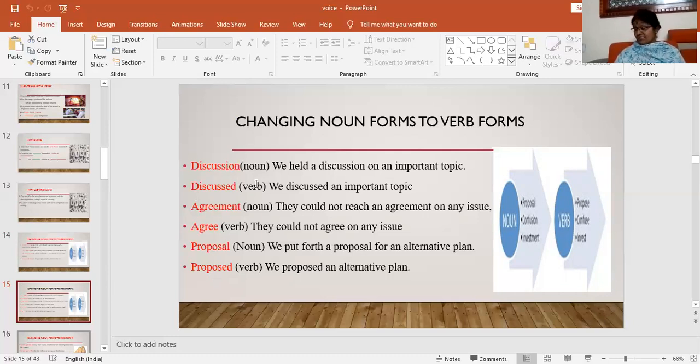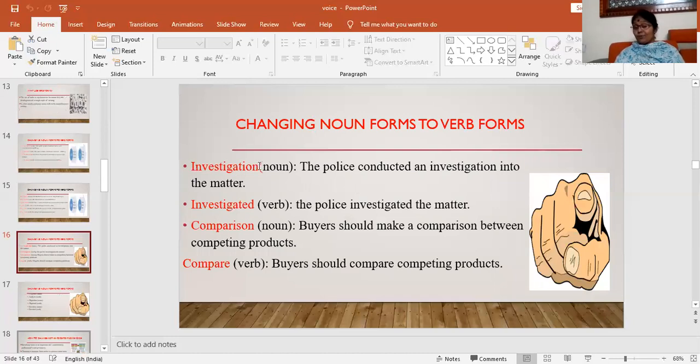Next is investigation. Again, it is with TION, right? It is a noun form. Say the police conducted an investigation into the matter. I want to change it using a verb form. So investigation will change to investigated. Simple sentence. The police investigated the matter. See the first sentence and second sentence. The second is much simpler than the first sentence.